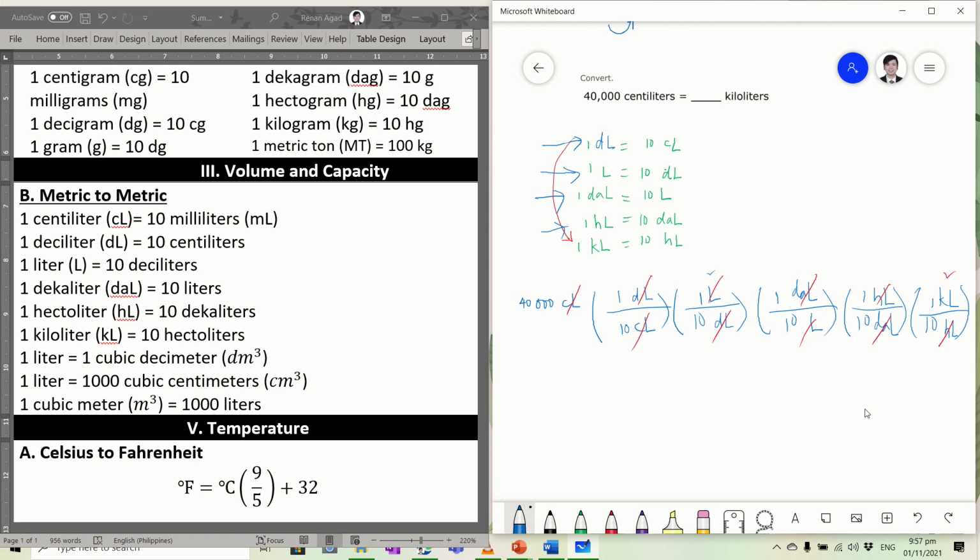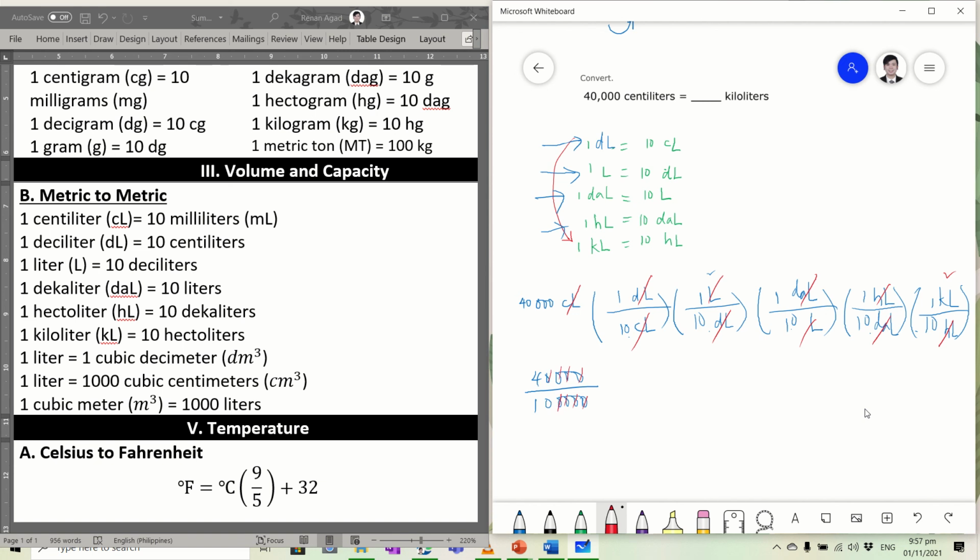So looking at it, that's 40,000 divided by 1, 2, 3, 4, 5, so meaning 5 zeros. Since both numbers end up with zeros, we can just cancel out the zeros. So just 4.